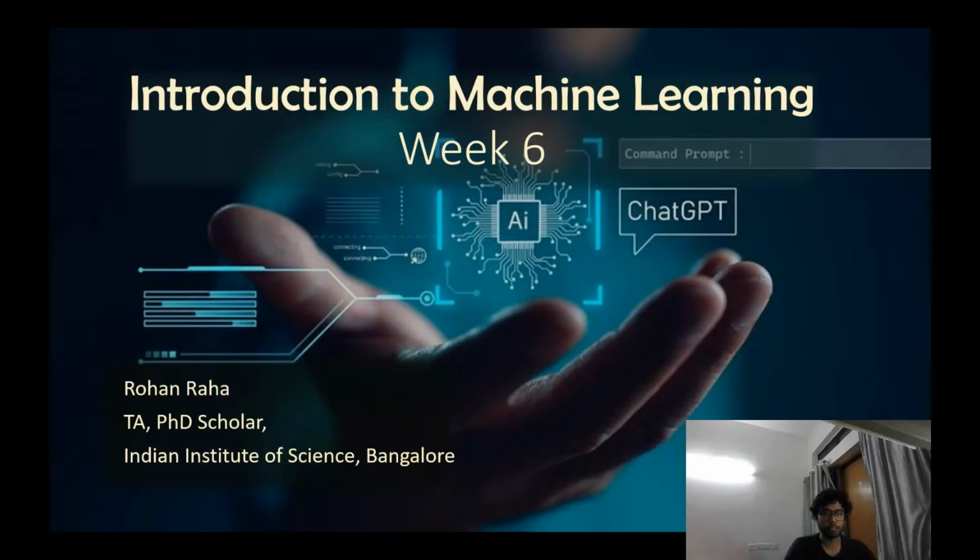So in week 6, we have mainly covered neural networks. Neural networks are very powerful tools, and they have huge applications, from image identification to ChatGPT. ChatGPT and all these large language models that you see nowadays have their basics in neural networks only.